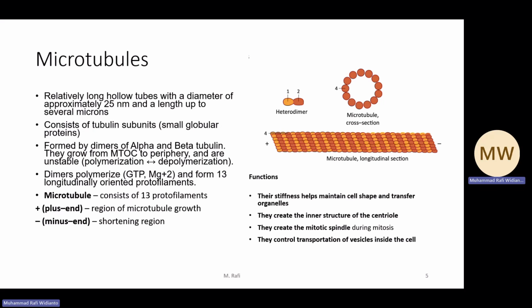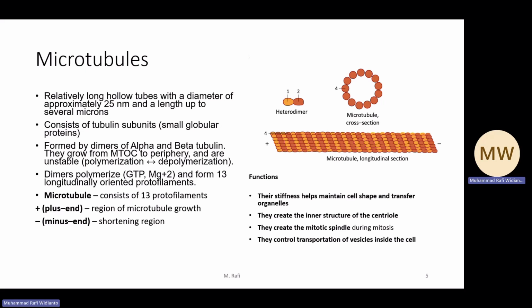Again, they're formed by dimers of alpha and beta tubulin, and they grow from the MTOC towards the periphery of the cell, like we saw in the previous slide. The dimers polymerize using GTP and magnesium, and they form 13 longitudinally oriented protofilaments, as you can see in this schema. There is also a plus end and a minus end.